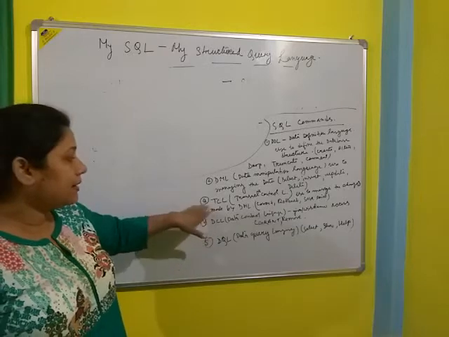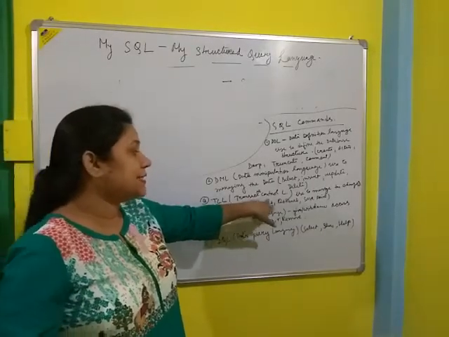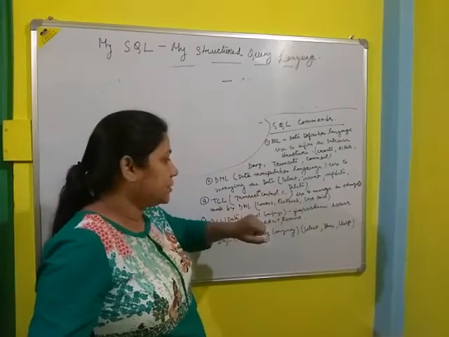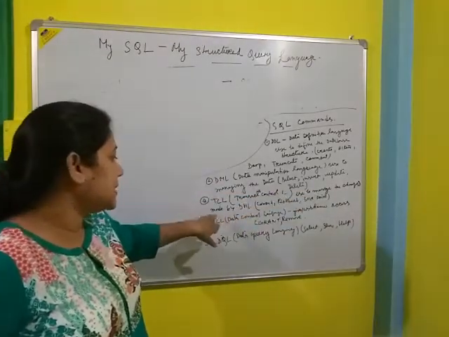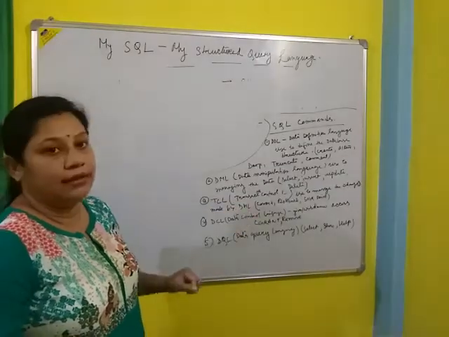Then, number 3 is TCL, which stands for transaction control language, used to manage the changes made by DML.